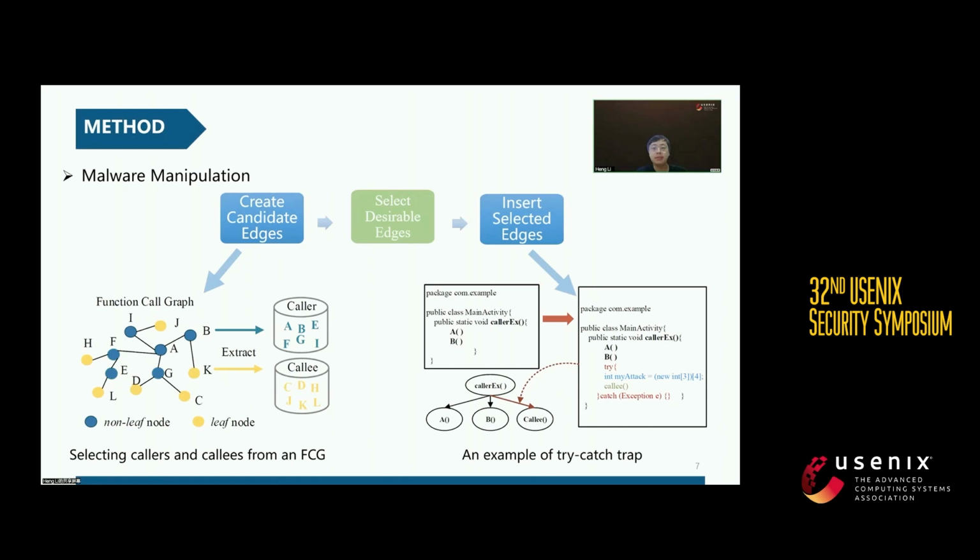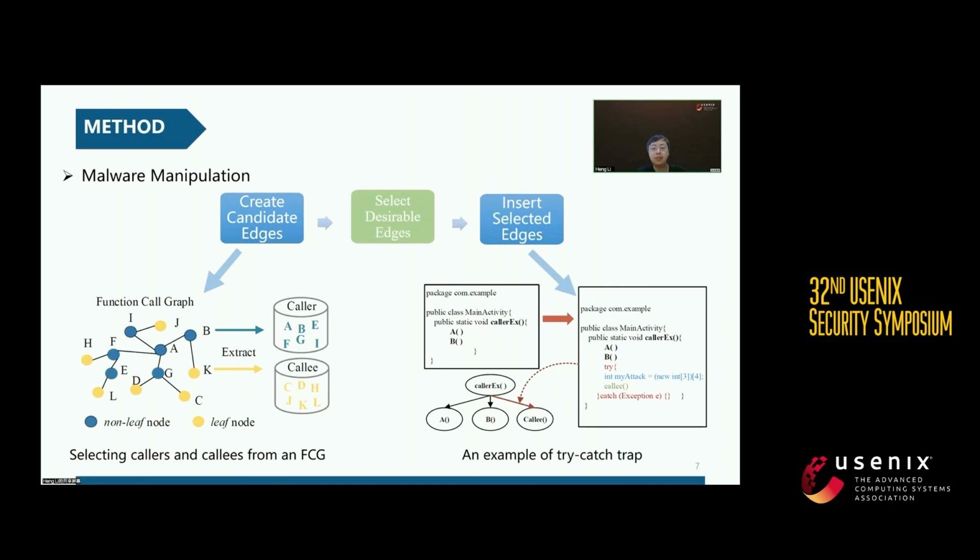In our method, user-defined functions are selected as callers, since they are easily inserted with new function calls. Leaf nodes are chosen as callees, since invoking a function that does not invoke others will not trigger unintended calls. Then all the links between callers and callees are candidate edges. The selection of the desirable edges will be introduced later.